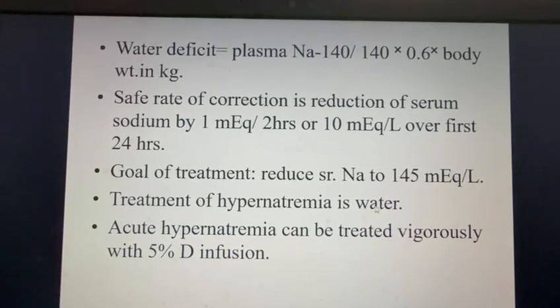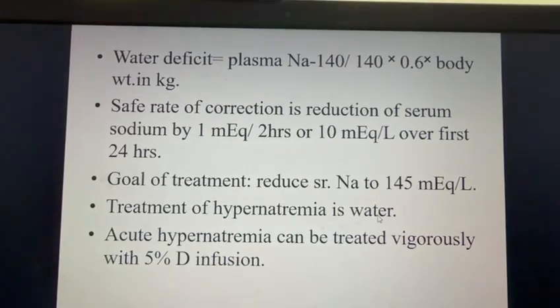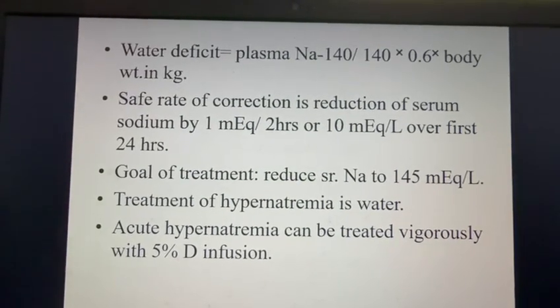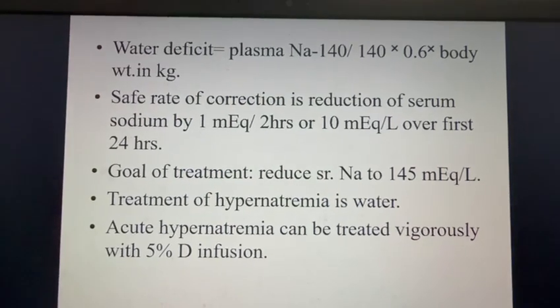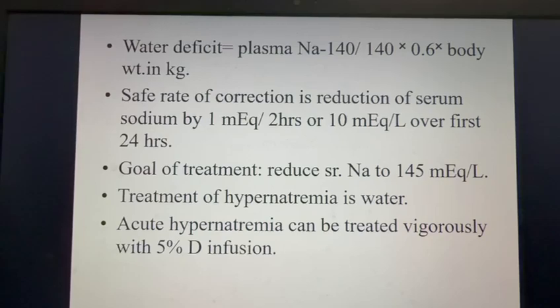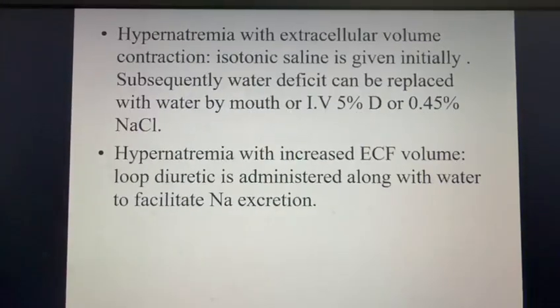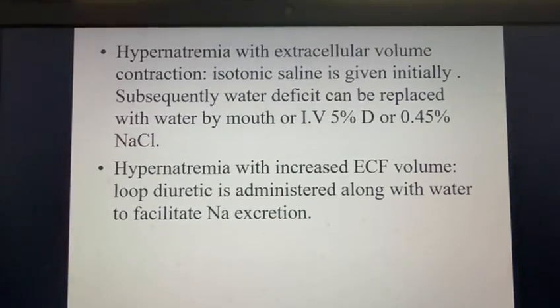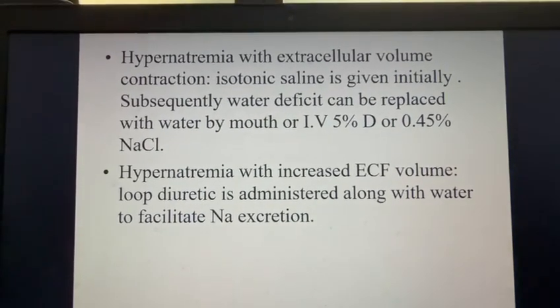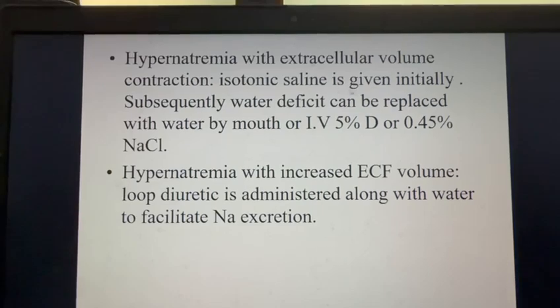Treatment of hypernatremia is in the form of water, either orally or, if a patient is unconscious, by putting in an NG tube we can give water. And acute hypernatremia can be treated vigorously with 5% dextrose infusion. Hypernatremia with extracellular volume contraction is initially treated with isotonic saline.